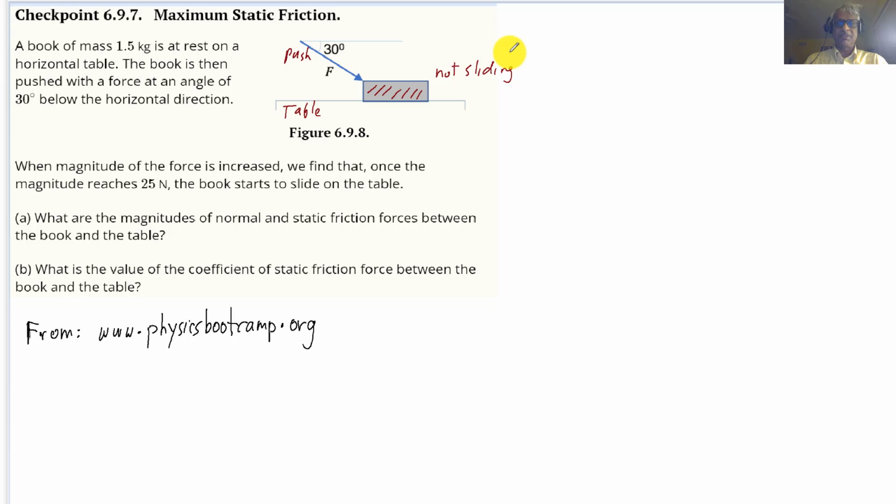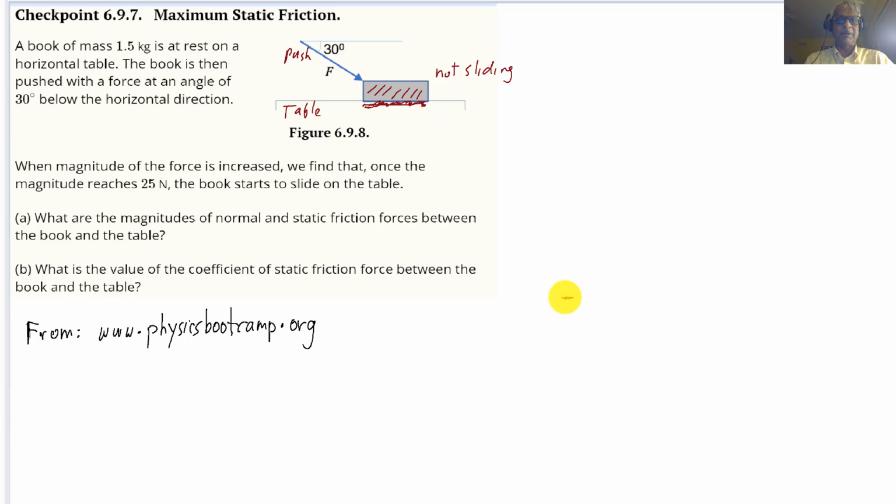When that happens, you can see that the surface of contact is not changing. It remains the same. So there's a force along the surface that's matching the force of push. That's the overall idea.